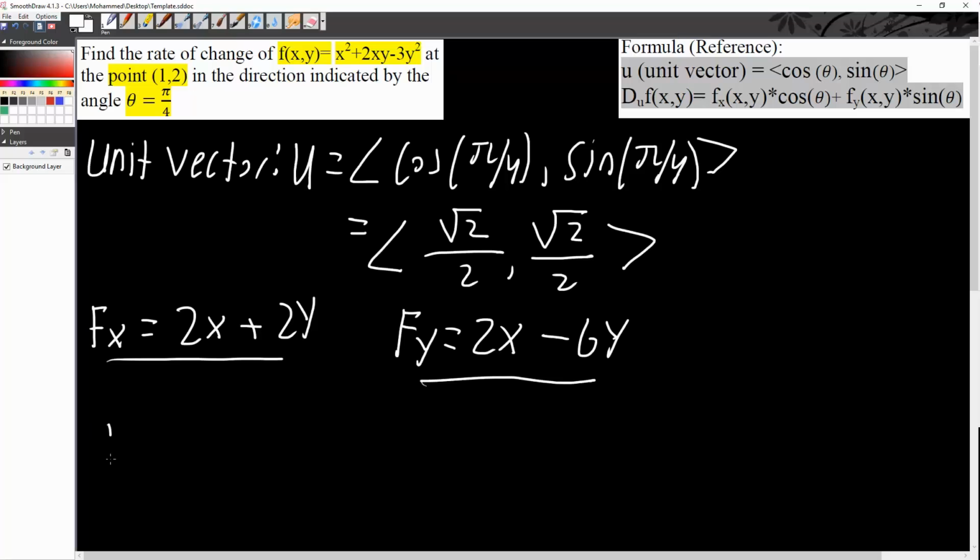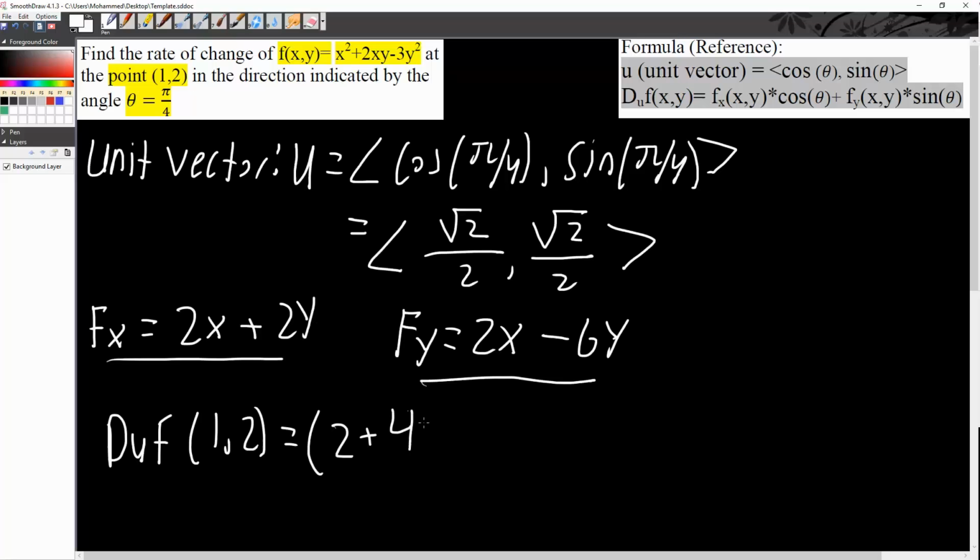So we can say that the directional derivative would be, our x and y will be 1 comma 2. That's the point. So at 1, 2, it is equal to our fx. So we know x is 1 and y is 2. So we would have 2 plus, when we insert 2, we get 4.